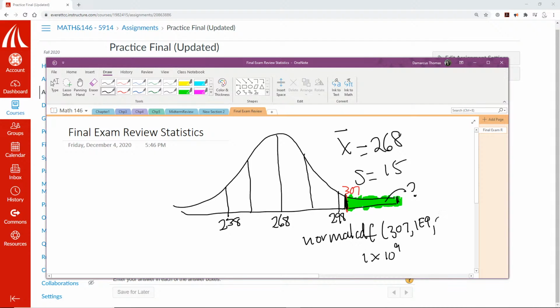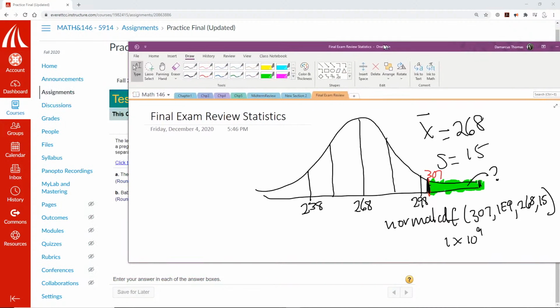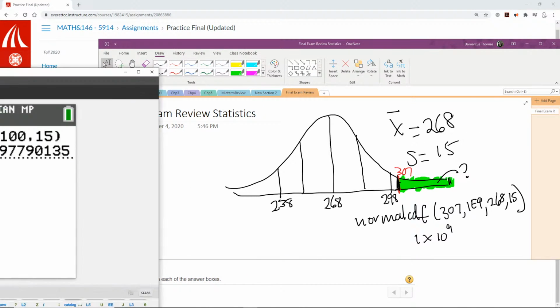My mean has to go in, and my standard deviation has to go in. And that would give me the proportion of that region.